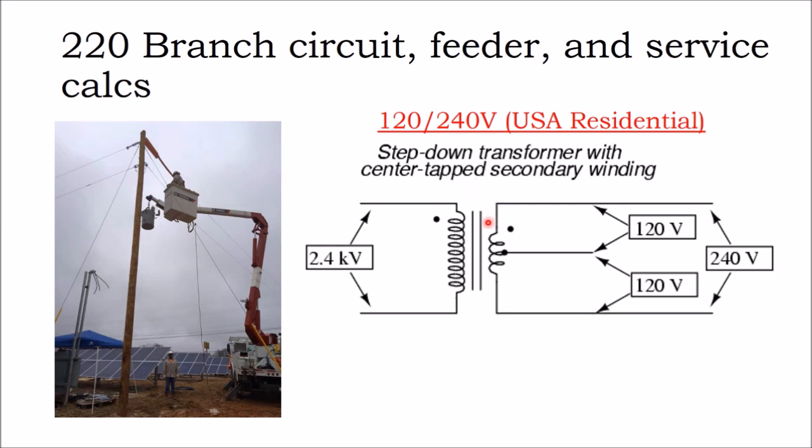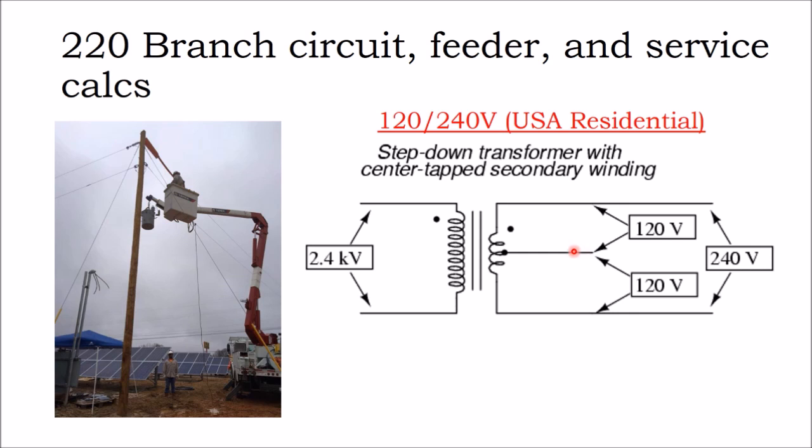And it's running through a transformer, and this transformer has a neutral point. That neutral point is 0 voltage with 120 positive and 120 negative alternating current. From point to point, you have a total voltage potential of 240 volts. And then from point to neutral, you have a voltage potential of 120 volts.